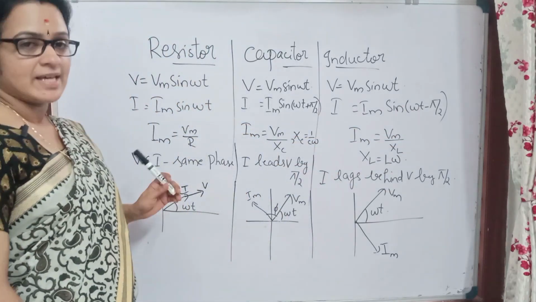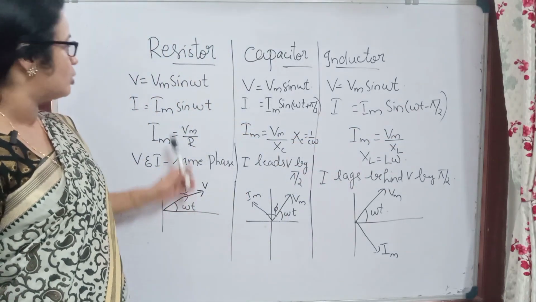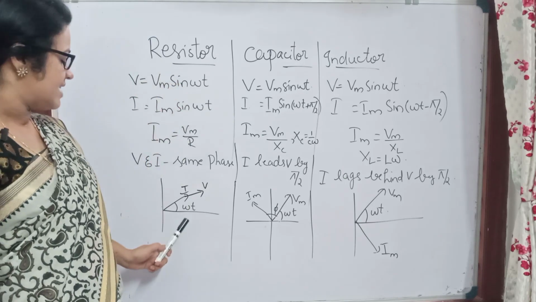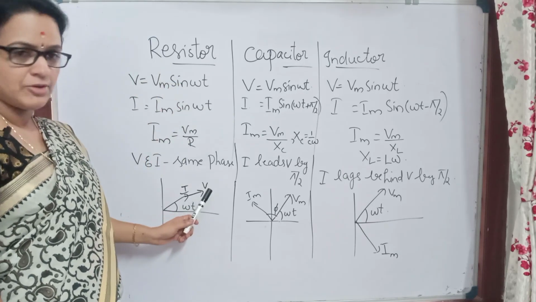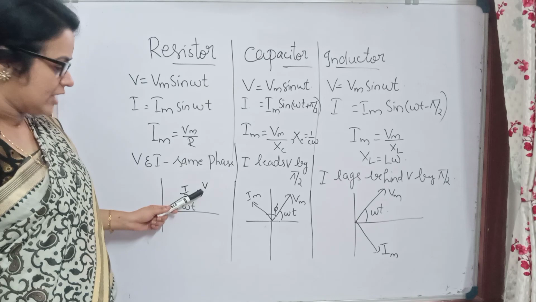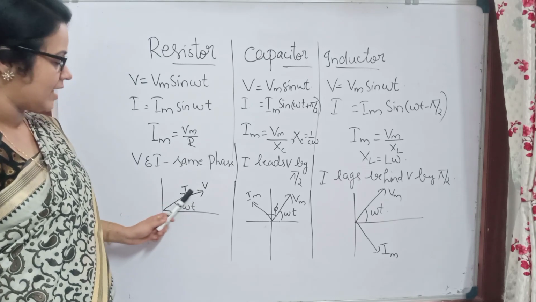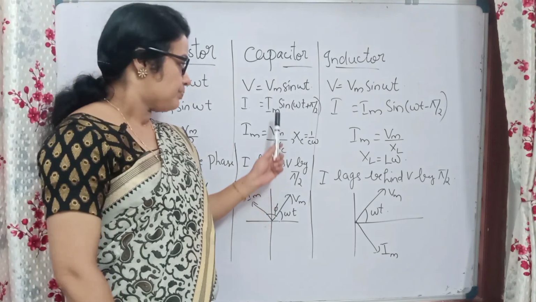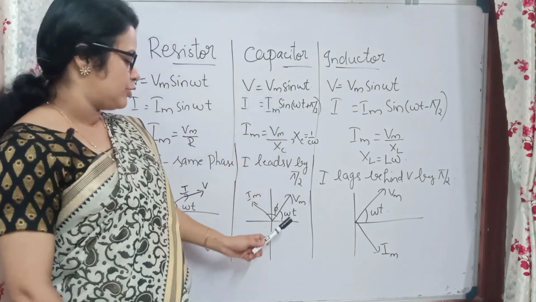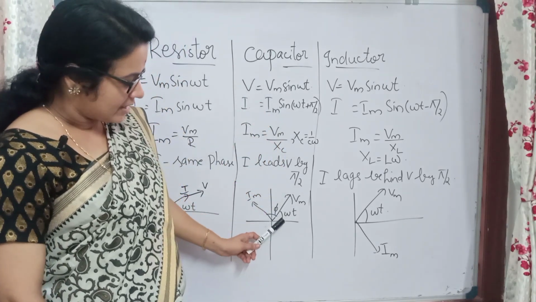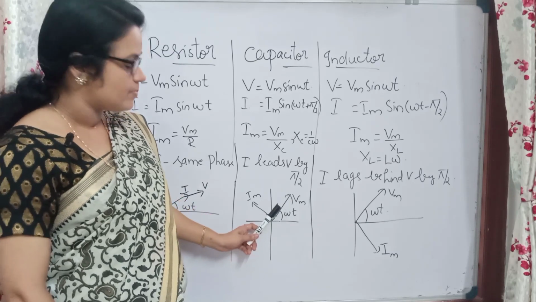Now we have the phasor diagram. When we look at the resistor, voltage and current are in the same phase, so we can draw both on the same line. The angle is omega t for both current and voltage. But for the capacitor, the current leads by pi by 2, so Vm is at omega t and the current Im comes at plus pi by 2.